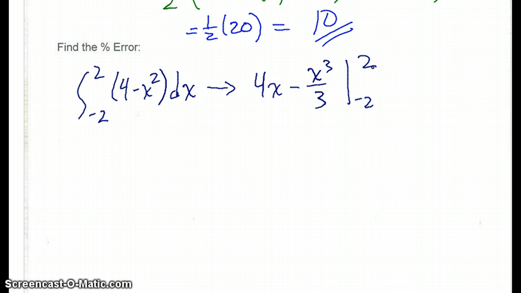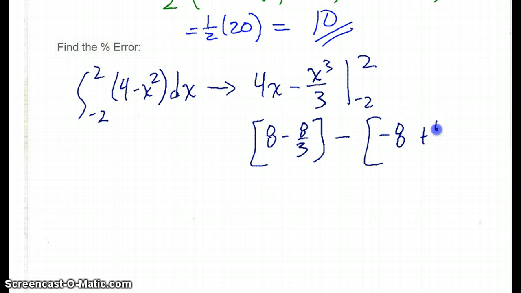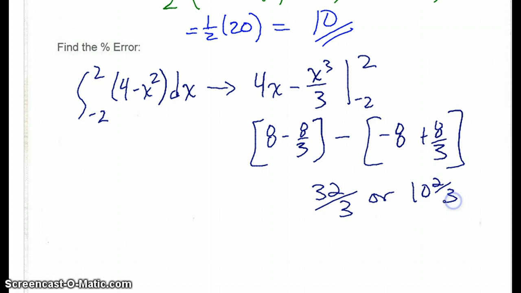And we're going to get 8 minus 8 thirds, negative 8 plus 8 thirds, so that we get 32 thirds, or 10 and 2/3, whichever you prefer.